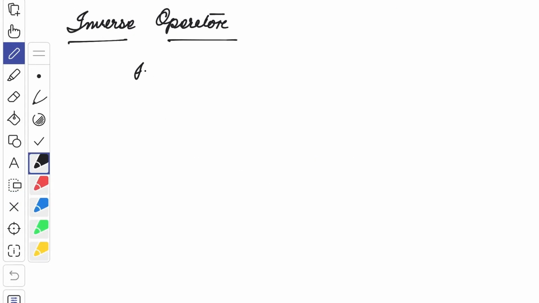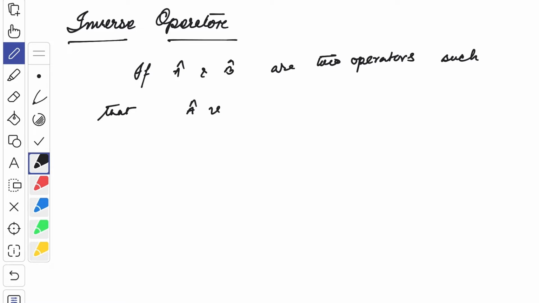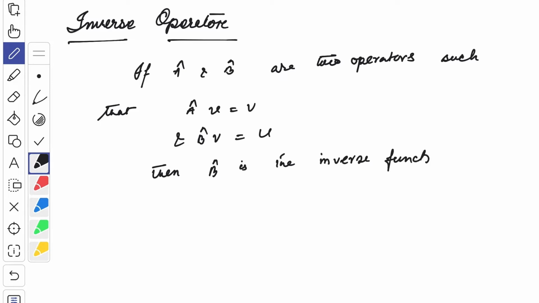If a cap and b cap are two operators such that when a operates on u it gives v, and when b operates on v it gives u, then b cap is the inverse of a cap.